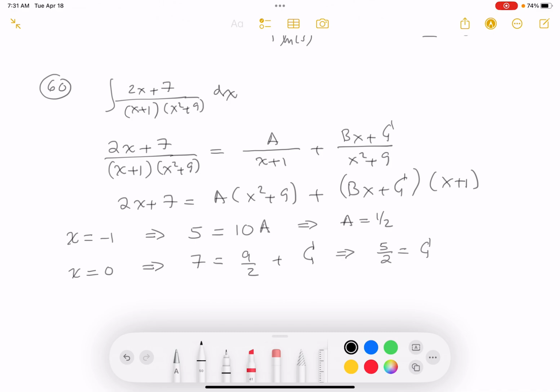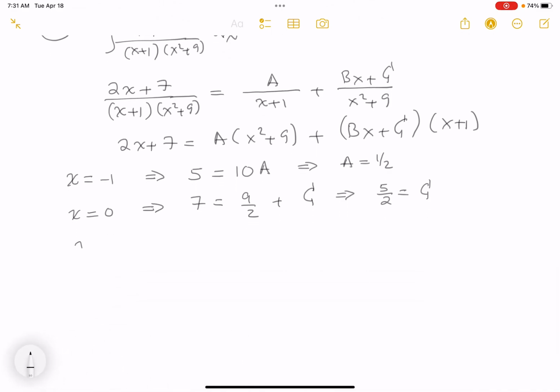I still don't know B, so I'm going to pick another number. What number am I going to pick? I'm going to pick 1. What do you get? You get 9 on the left side. On the right side, you're going to get 10 times A, which is 5. Then you're going to get B, because x is 1. C is 5/2.